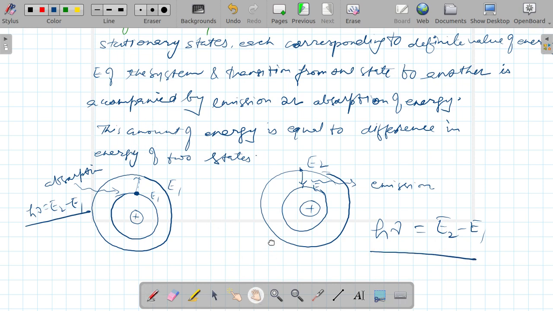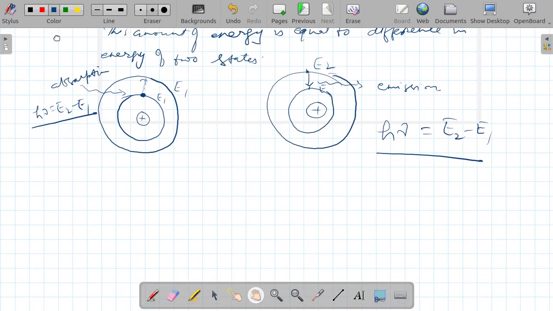Then another postulate is Bohr's frequency rule.